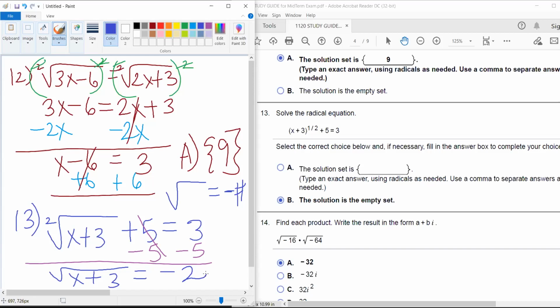Well, in order to get a real number, our square root cannot be equal to a negative number. In real number terms, that's not possible. So we stop here and declare that our solution is the empty set.